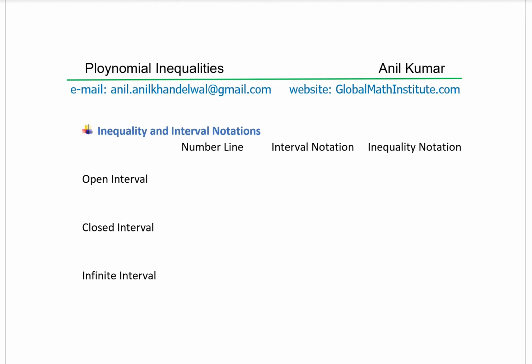Now, let me show you on a number line all these intervals and then we'll move forward. Let's say this is our number line. Many times we are providing solutions on the number line itself, especially when we are dealing with the linear inequalities.